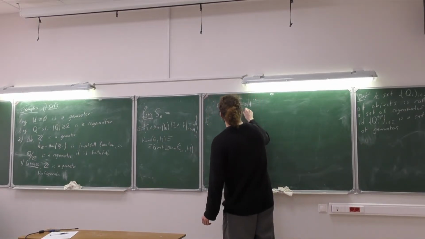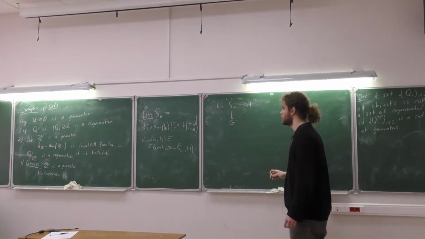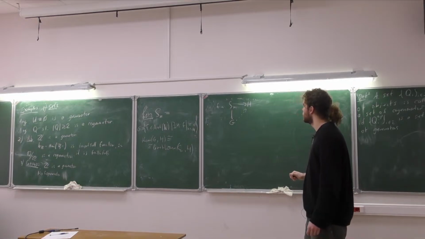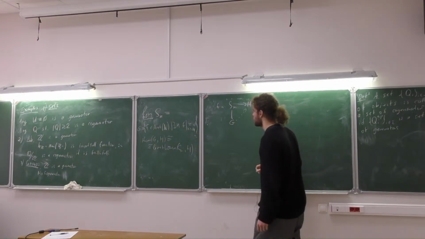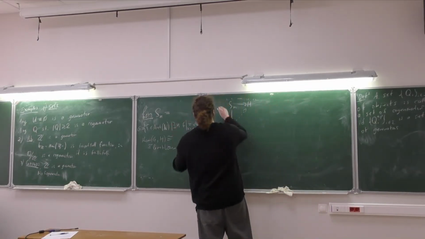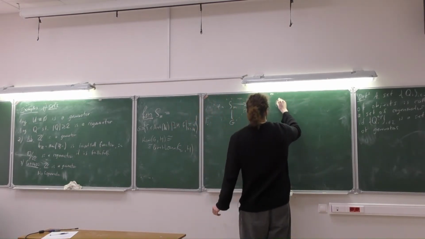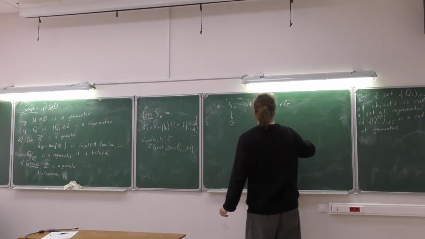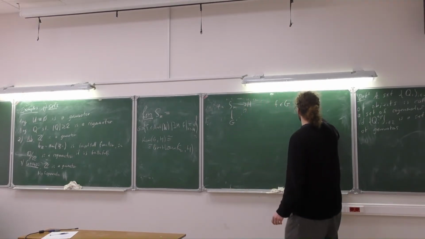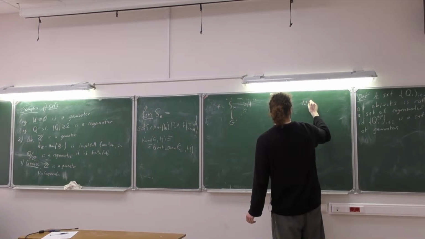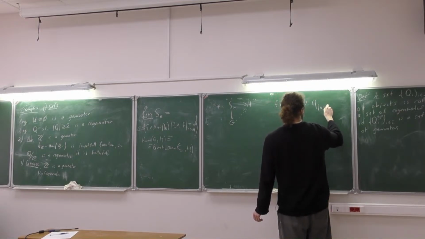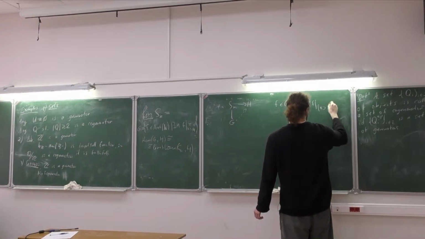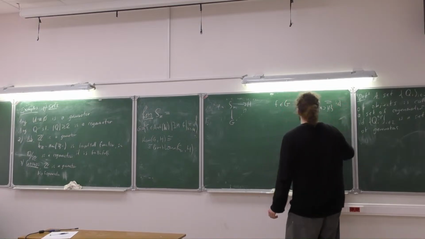And I want to construct such a factorization. Okay, it's better. I have f here, so it will be fine. So we have f. Say that n is such that f does not permute anything that is larger than n.